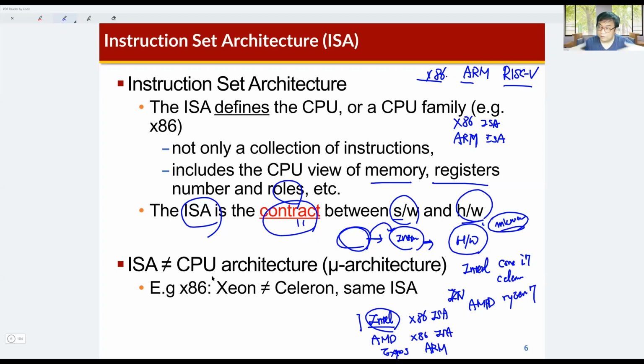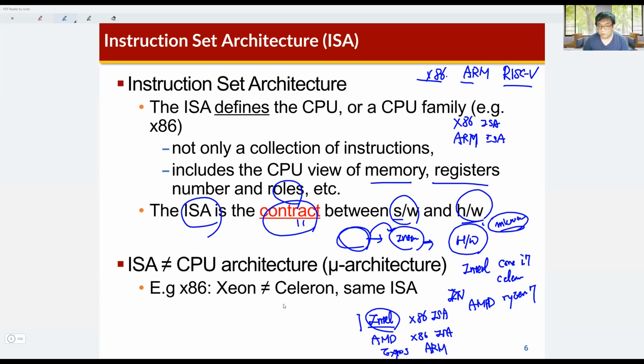Okay, that is related to the microarchitecture, some design of the detailed architecture. So even though Intel Xeon and Celeron can execute the same binaries compiled for the x86 ISA, the microarchitecture is different.